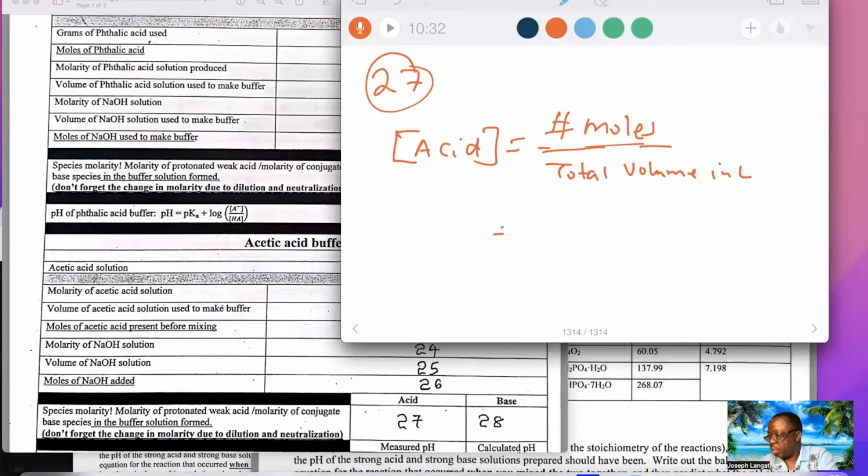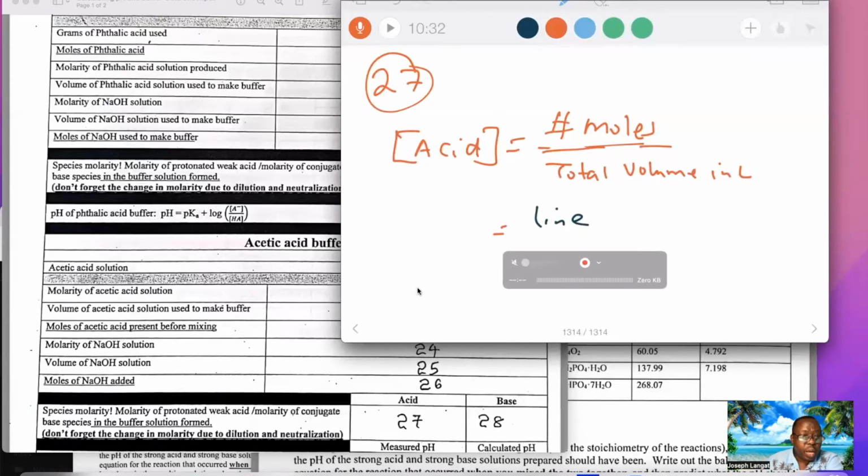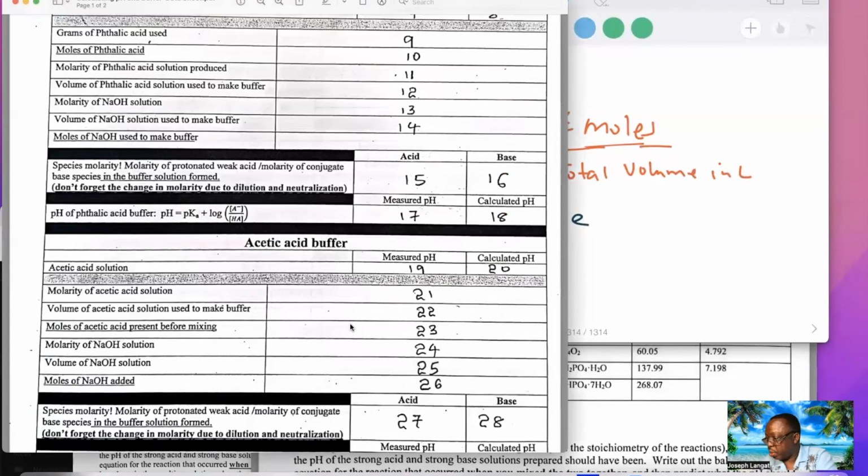This is given by half the number of moles in line 23, the number of moles of acid, over 0.060.